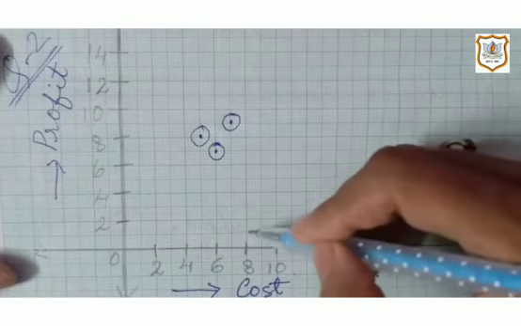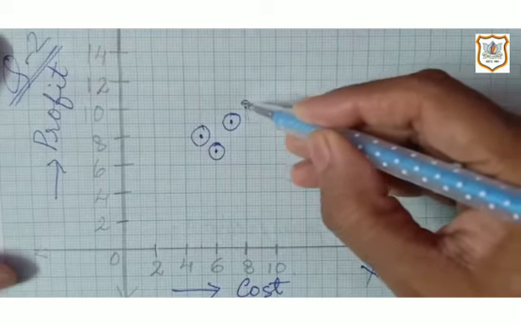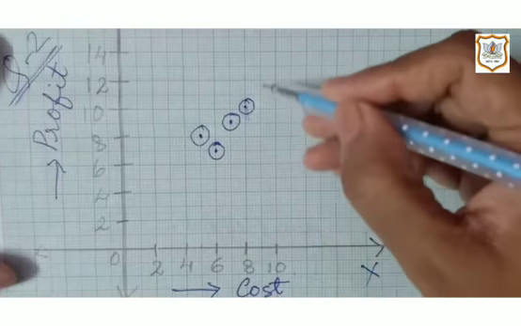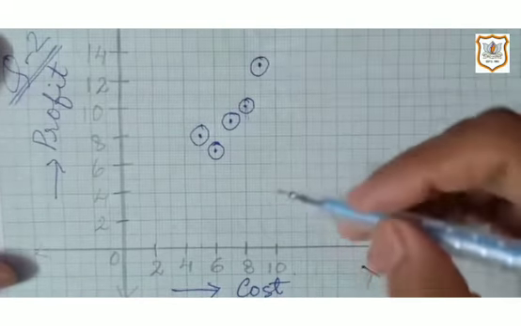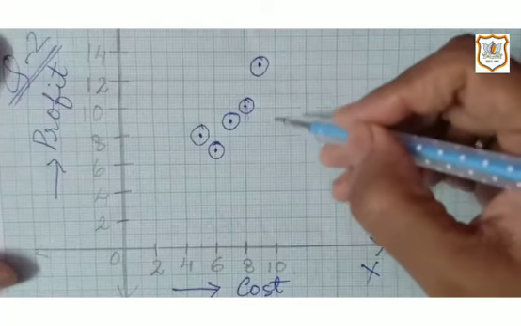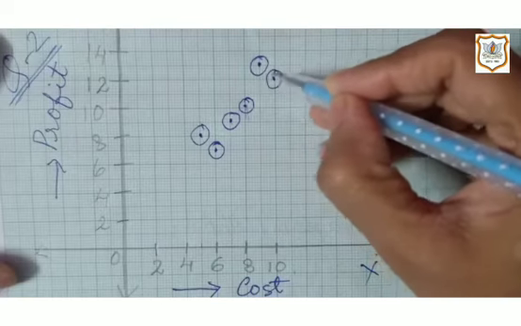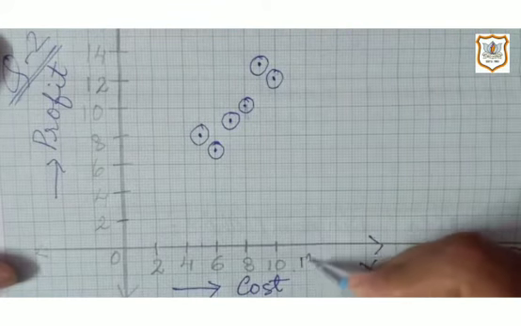Next point is 8 and 10. So this is 8 and here we have 10. The next point is 9 and 13. So this is the point. 10 and 12. This is 10. This point is 12. The next is 11 and 13.